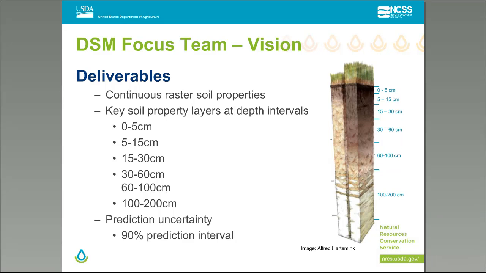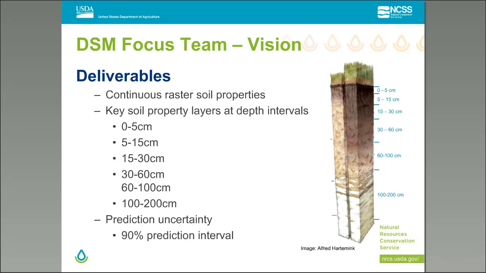Also, what we've learned is important to some users is not just to have a value of a specific soil property at a given depth, but the uncertainty associated with those values. So we want to provide a prediction interval. This usually takes the form of a 90% prediction interval, which is the value that represents the 5% and the 95% within the distribution of those data.